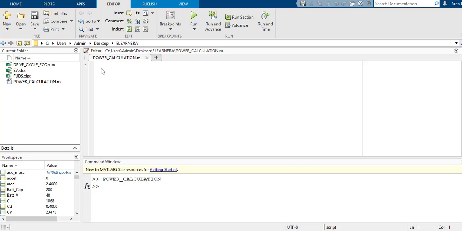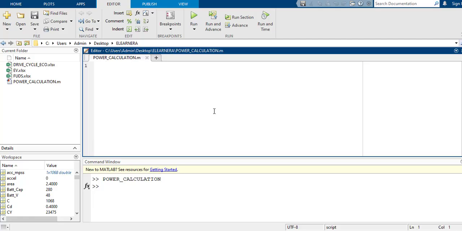So guys, let's begin with the program. For this we have to put a percent value, and what we have done is the power calculation.